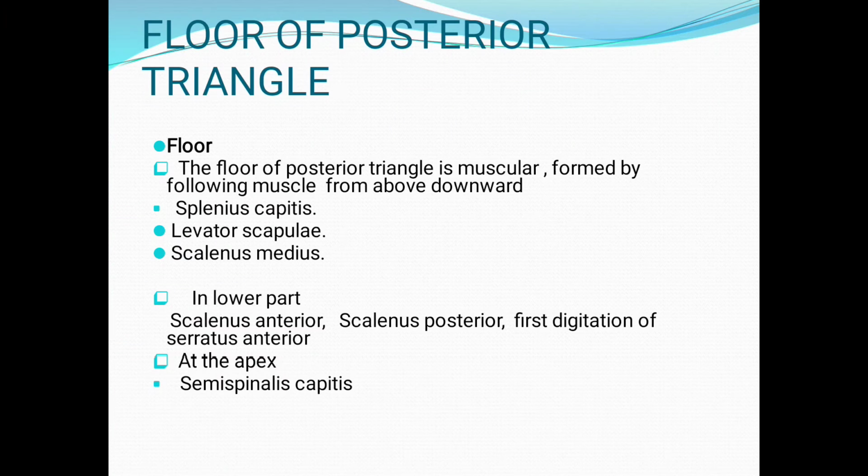Looking from above downward, we get splenius capitis, levator scapulae, and scalenus medius, and in the lower part of the posterior triangle we get scalenus anterior, scalenus posterior, and first digitation of serratus anterior. And at the apex, when we remove the splenius capitis, we get semispinalis capitis.